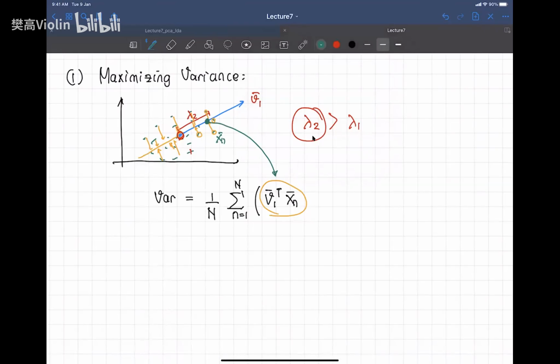But we have to remember that we have the center point here, the mean in the middle. And that has to be included, because later on, if we find the second one, this will be the origin of our new coordinate system. So this means minus V1 transpose X mean.